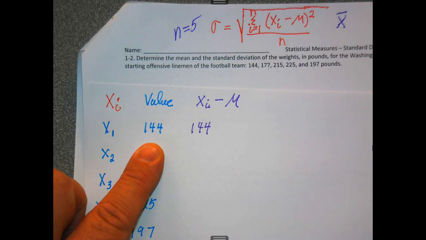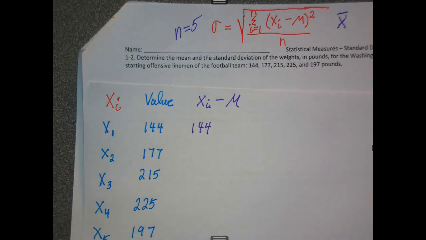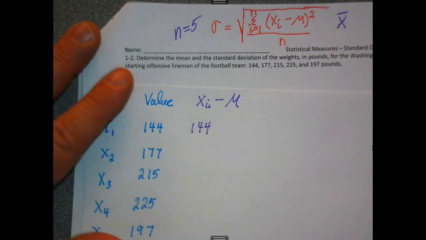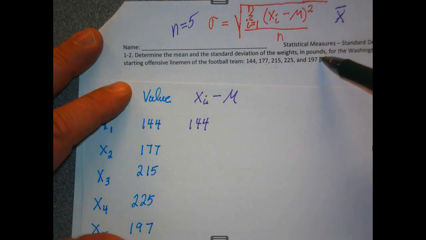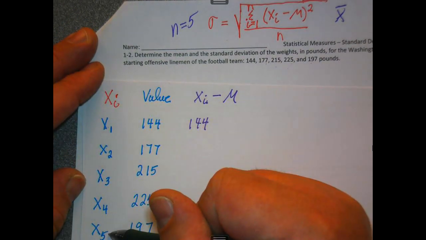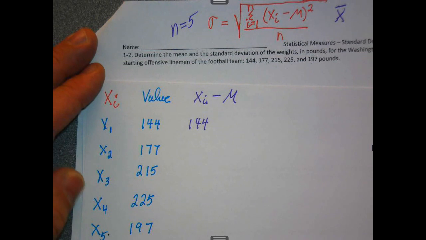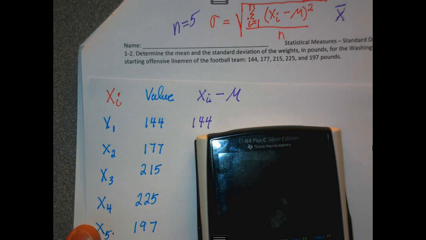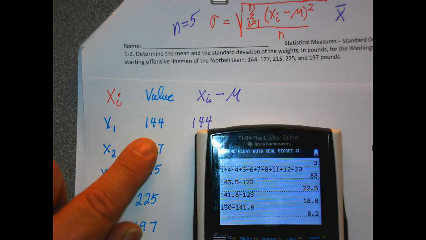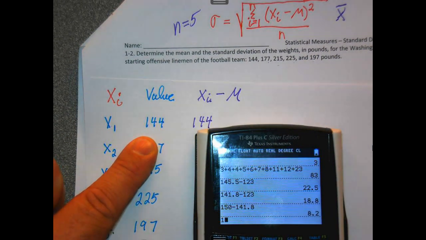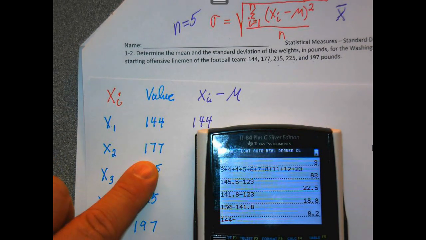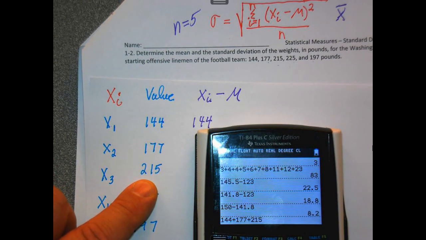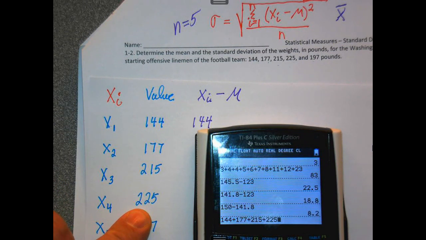We never found the mean, did we? So we got to find the mean. So we're going to add all of these together and divide by n, which is 5. And so let's add them up. 144 plus 177 plus 215 plus 225 plus 197.